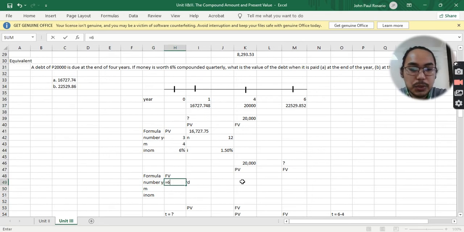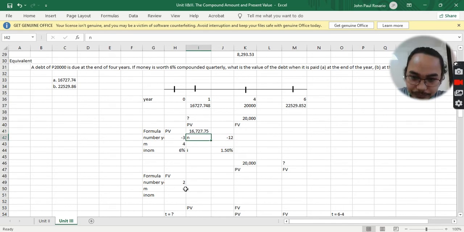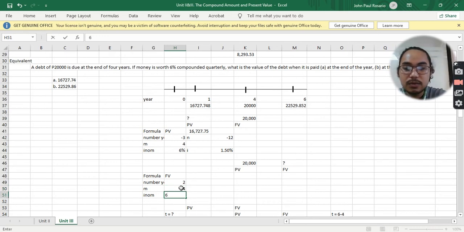Earlier it was 1 minus 4, so that you can see that it is negative. So number of years forward is 2. Our M is 4. Our rate is 6%. So that should give us an I of the same, 1.5%.